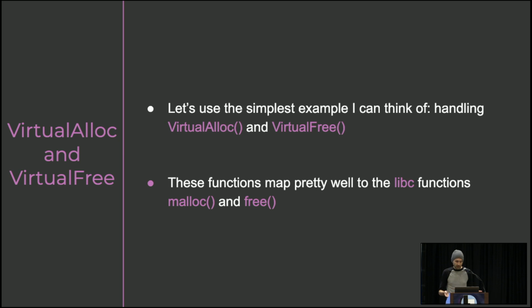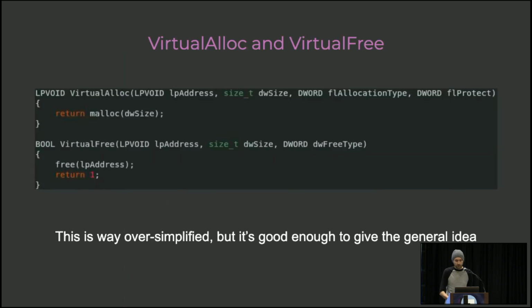VirtualAlloc and malloc are used to allocate some amount of space on the heap, and VirtualFree and free are used to deallocate that space. So if we wanted to do a really simple implementation of translating these function calls, we could just do something really simple like this. I hope that's readable enough. But basically, we define VirtualAlloc, and we just translate that call into a roughly equivalent call to malloc, and we do the same thing with free.